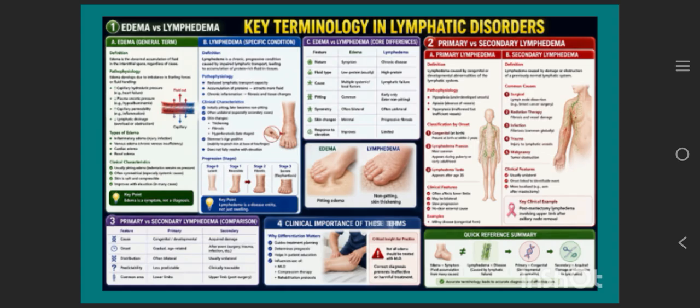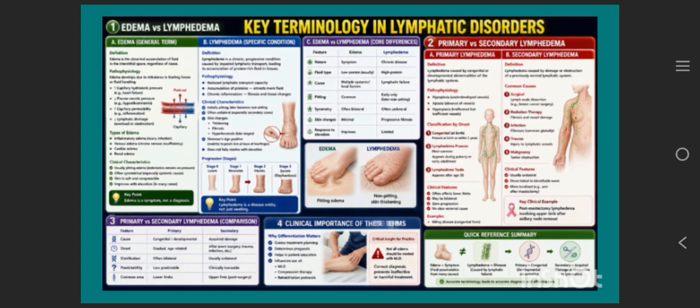Primary lymphedema is less predictable, and secondary lymphedema is clinically traceable. The common area for primary lymphedema is the lower limbs, and for secondary lymphedema it is the upper limb post surgery.